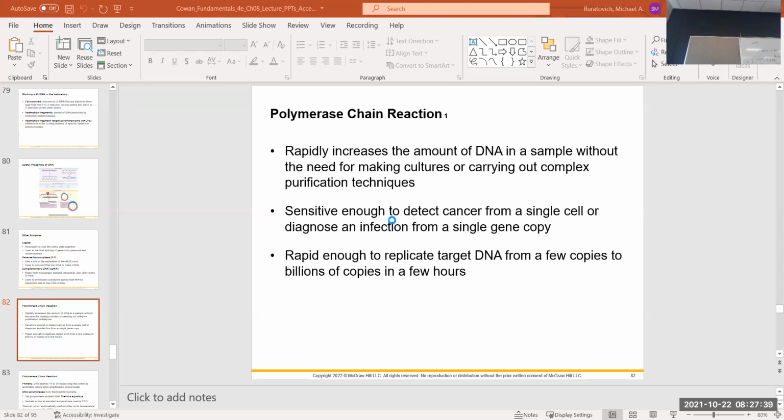You could sequence an entire human genome in an afternoon with these machines. Think about that again, 3 billion bases of DNA. You can sequence that in an afternoon. And you can sequence an entire human genome for a fraction of the cost that you could just 10 years ago. This technology just keeps getting better and better. And when we do genetics next semester, there'll be some genetic diseases for which they're very good tests.